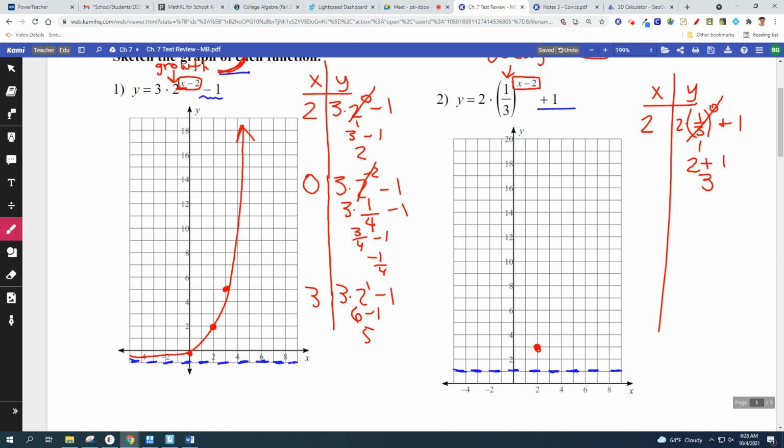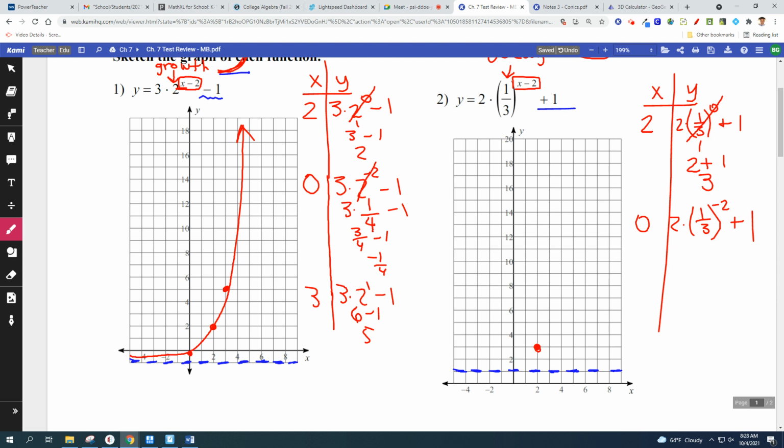So then if you plug in like 0 or something, 2 times 1/3, plug in 0, 0 minus 2 is -2, plus 1. So again, it helps if you can do negative exponents in your head. Negative exponent is just going to flip it, and then you're going to square it.